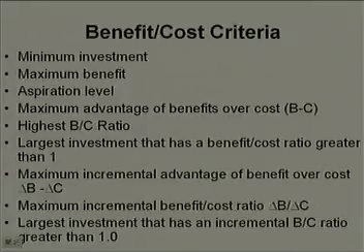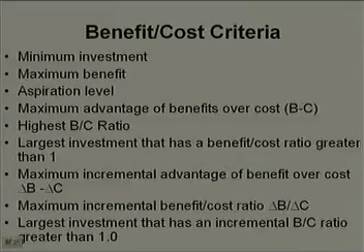Now, if you take this difference, whichever alternative is giving you the maximum value, you will go for that option. Similarly, in some criteria they go for maximum incremental benefit cost ratio. That means they will go for that alternative corresponding to which you are getting a maximum value of delta B by delta C.